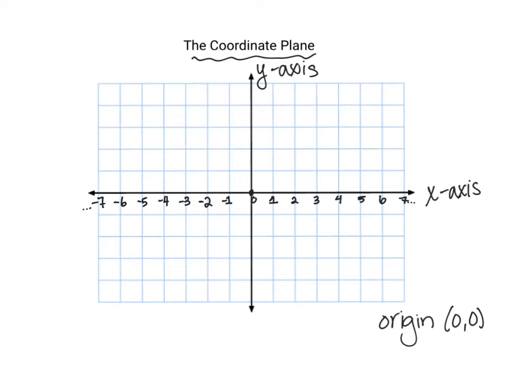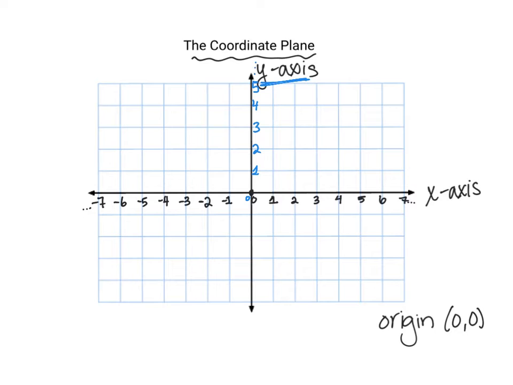Now I want to label my vertical axis, my y-axis. So I still have 0 as a point. I don't need to relabel it, but I'm just going to show you in blue that I'm still looking at my y-axis starting at 0. As I go up, I'm going to say from 0, I go 1, 2, 3, 4, 5 units up.